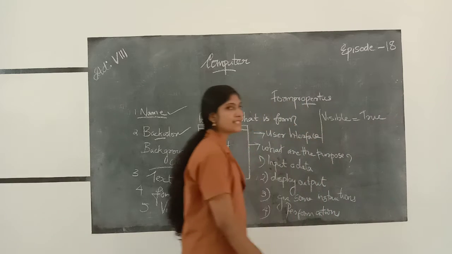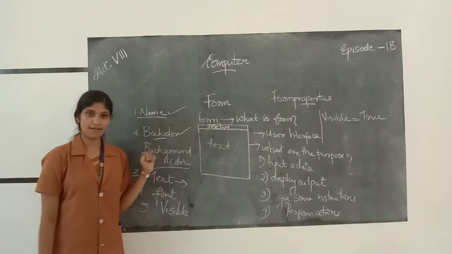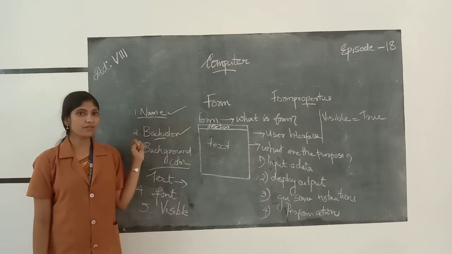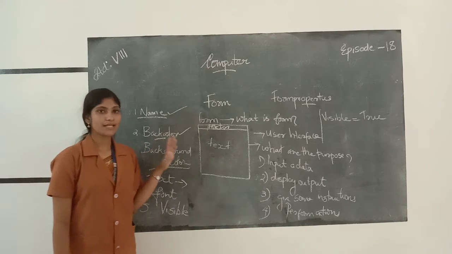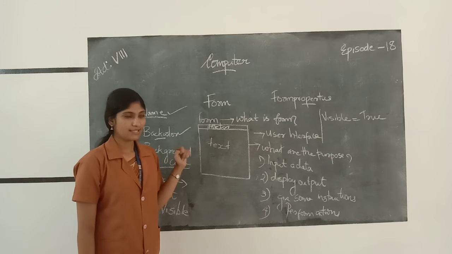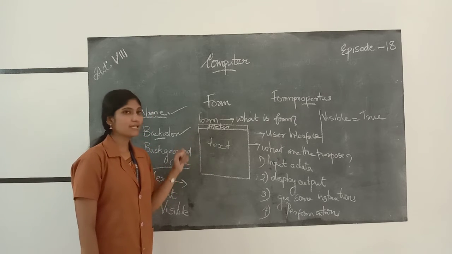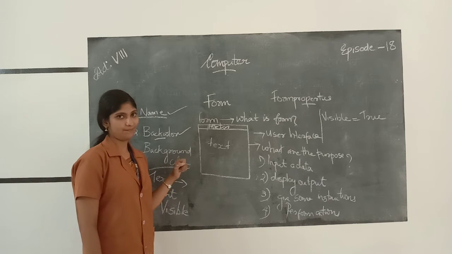Then this form will be visible during the runtime. That means the user can see that form and enter the required data. If it is set as true, then it is visible during runtime.